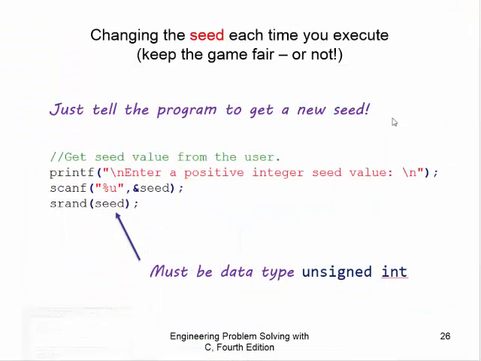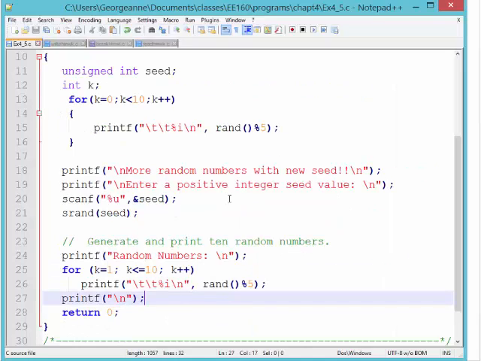Back to our PowerPoint presentation. So I did say it must be an unsigned int for you to seed the program correctly. And the other important thing to point out is that you have to declare this unsigned int this way at the top of the program.